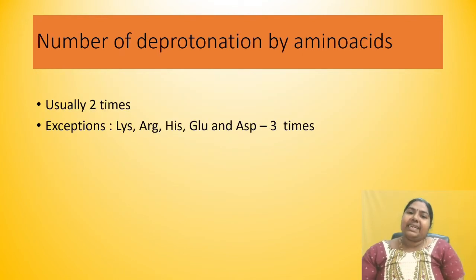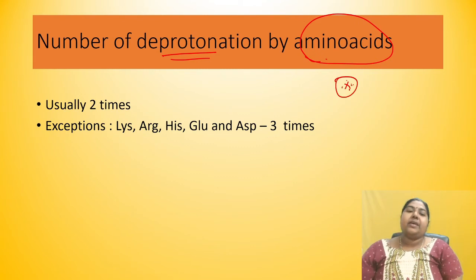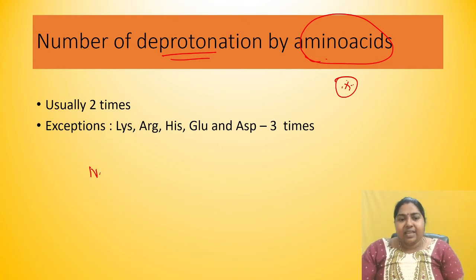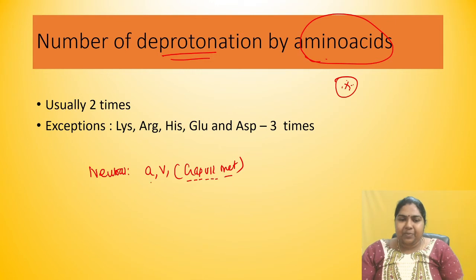So how many times can all these amino acids undergo deprotonation? This is a very, very important statement. Right. So what are the amino acid categories we have? We have the neutral amino acids like alanine, valine. We used to call them GAP VALIM, isn't it? What is that? Glycine, alanine, proline, valine, isoleucine, leucine, methionine.